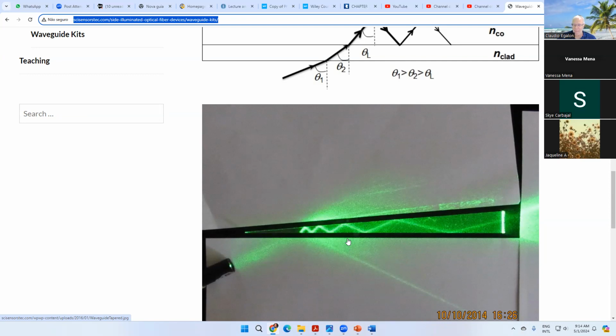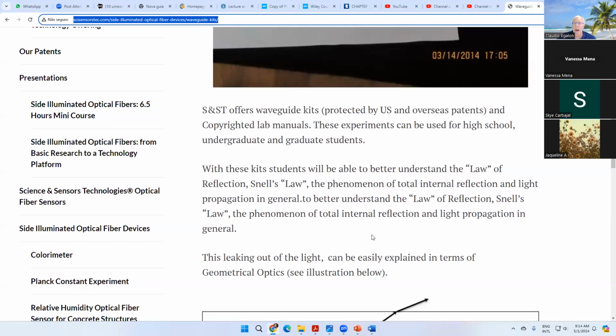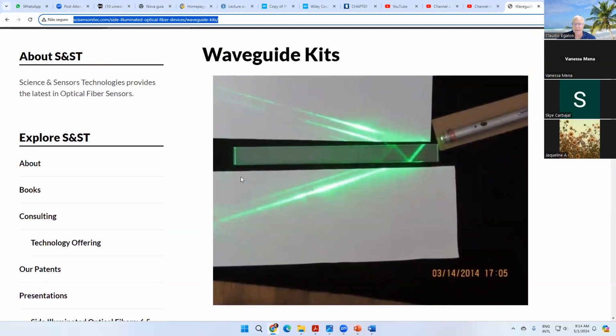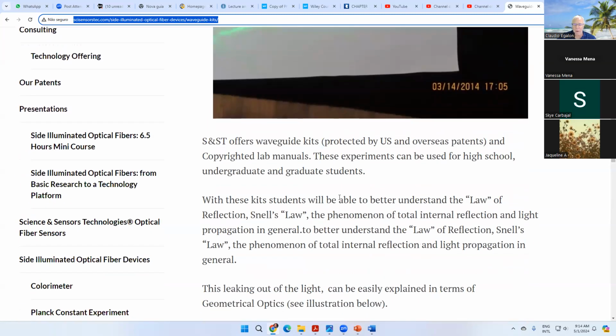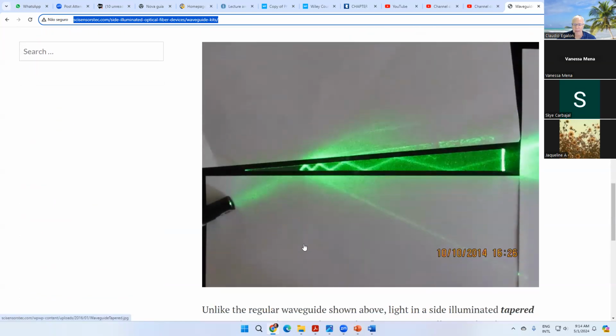That's what's happening here. You do not get this effect if you use a bar in which both sides are parallel to each other. And again, what you see right here is a patent of mine.